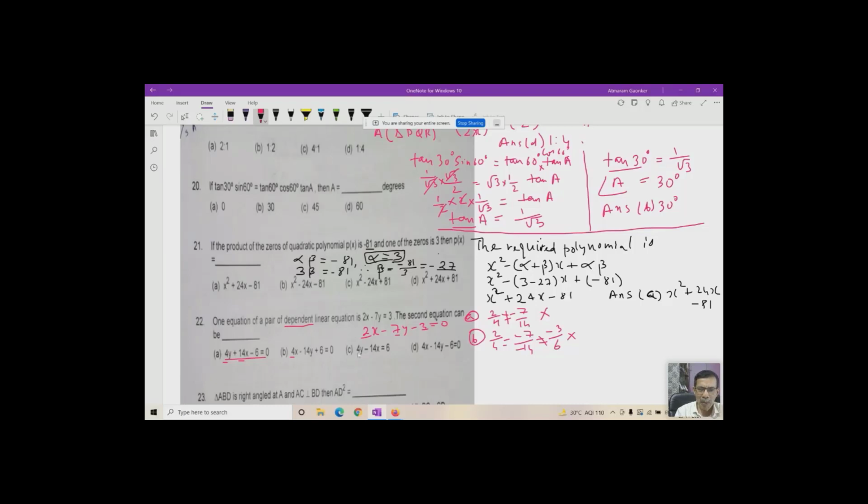Some people were saying C. Let us find out what happens to C. So this is 2 upon 4, minus 7 upon minus 14. And this one I have to write equal to 0 like this.